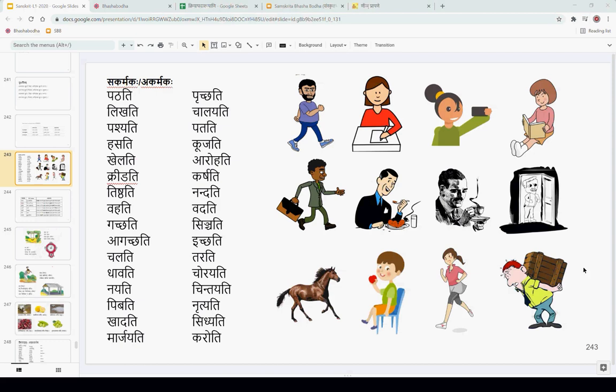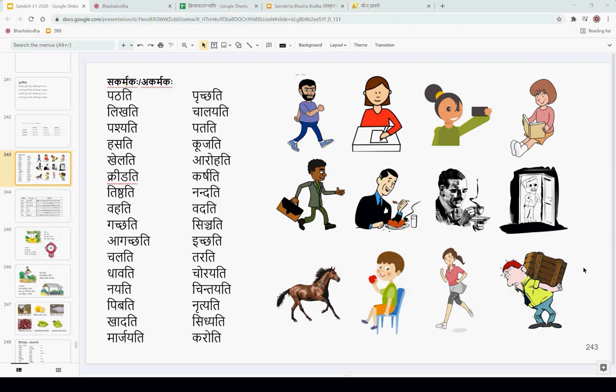So sakarmaka and akarmaka are applicable only for the second case, not for other cases. When you say the root word is akarmaka or sakarmaka, it means you cannot use the second case ending with those verbs.